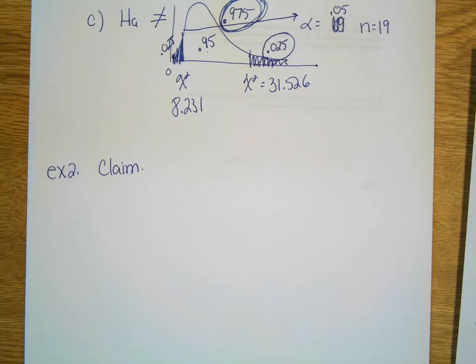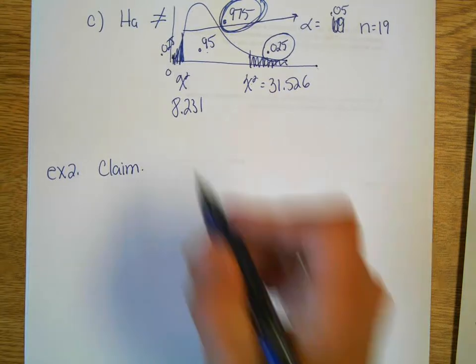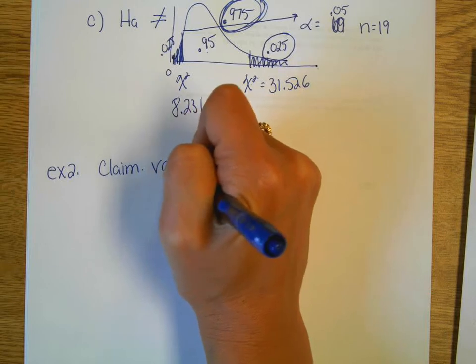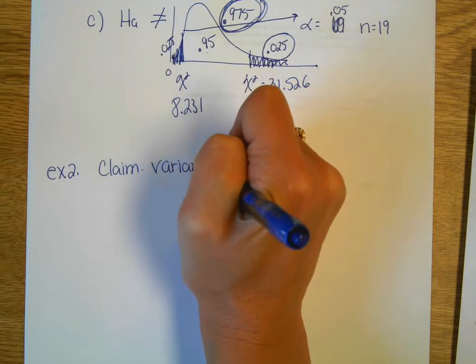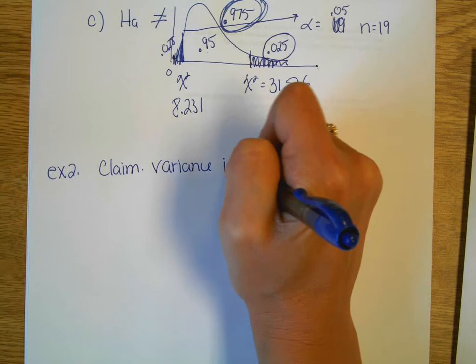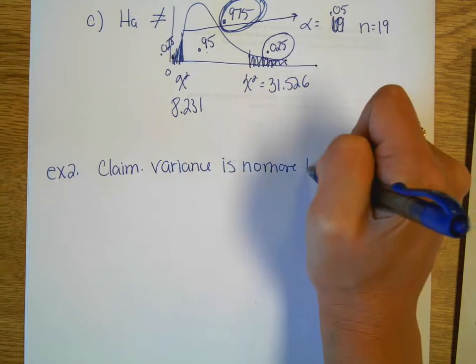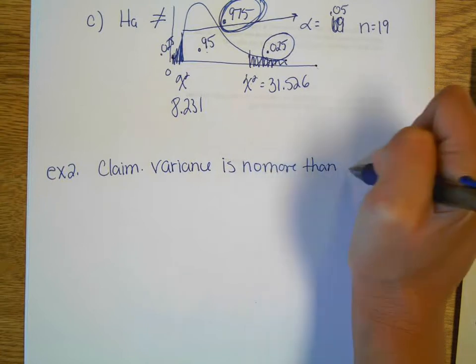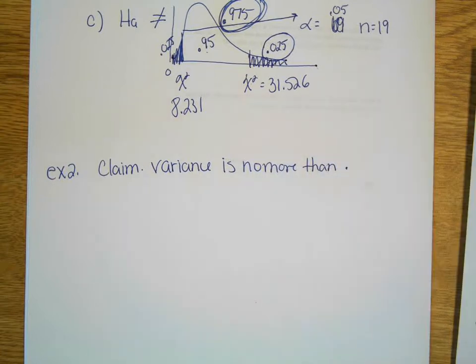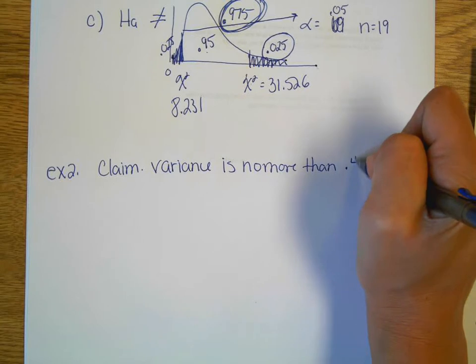A bottling company claims that the variance of the amount of drink in the bottle is no more than 0.04. So the claim: the variance is no more than 0.40.